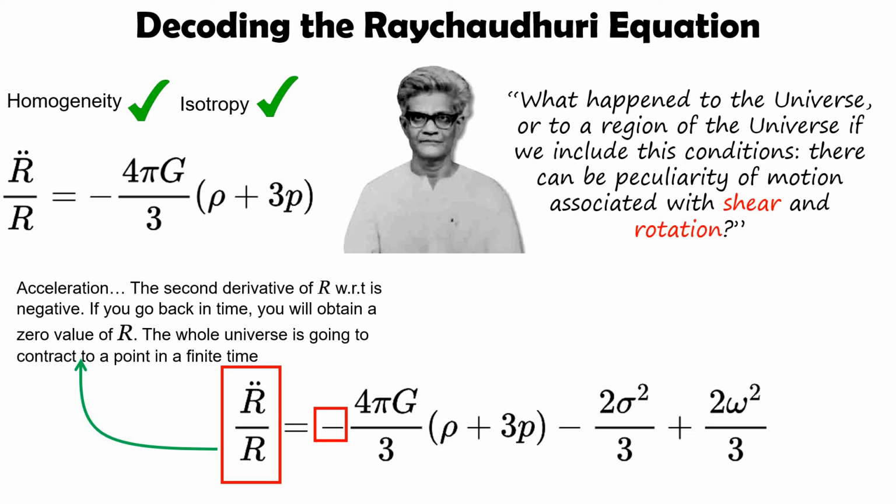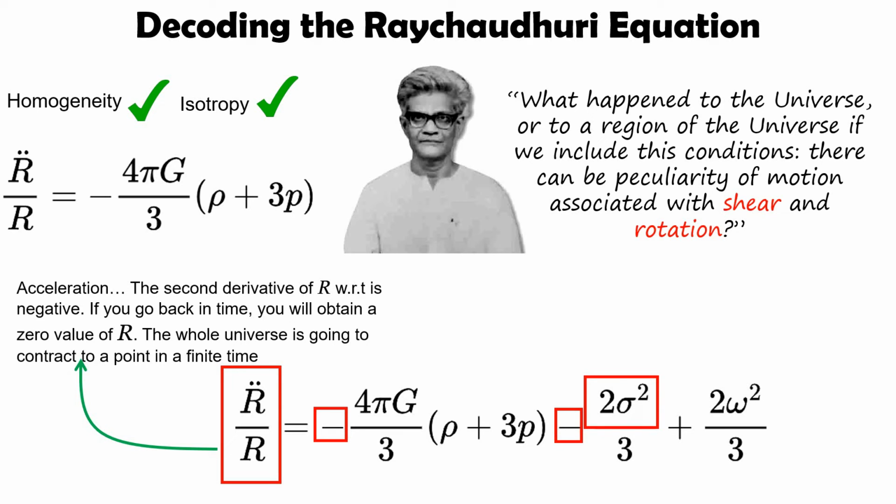Acceleration. So the second derivative of r, which is typically the acceleration of the length with respect to time. Now because it is negative, if you go back in time, that is contraction of the universe, you will obtain a zero value of r. That means the whole universe is going to contract to a point in a finite time. So this is a problem. That means we cannot avoid singularity.